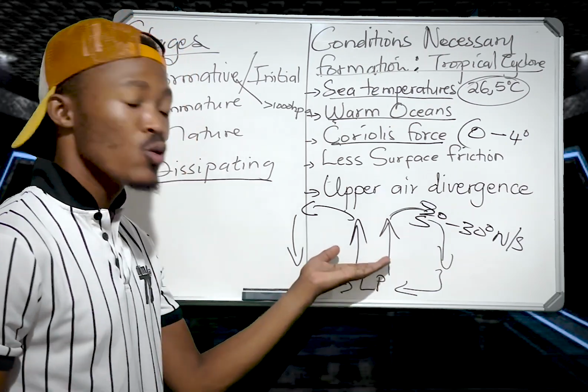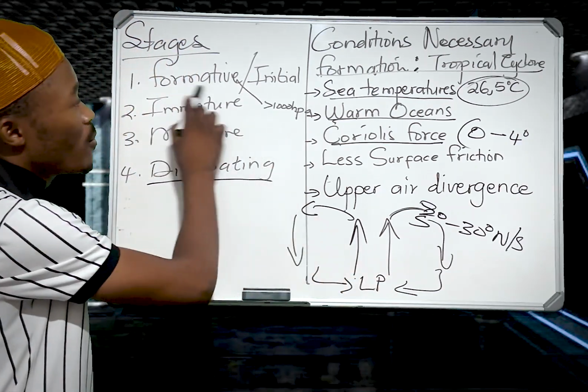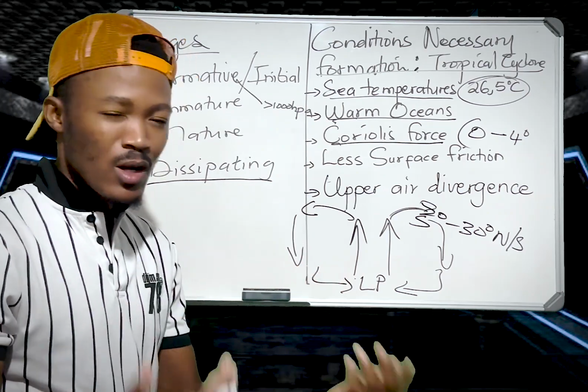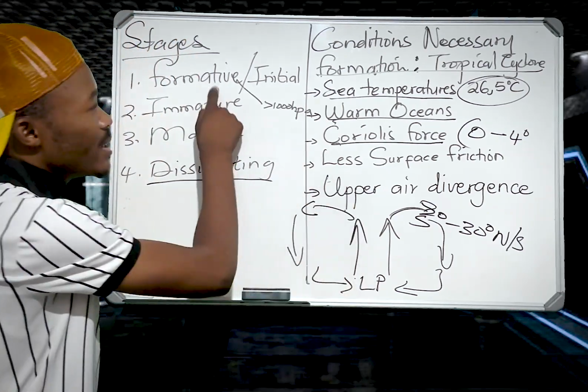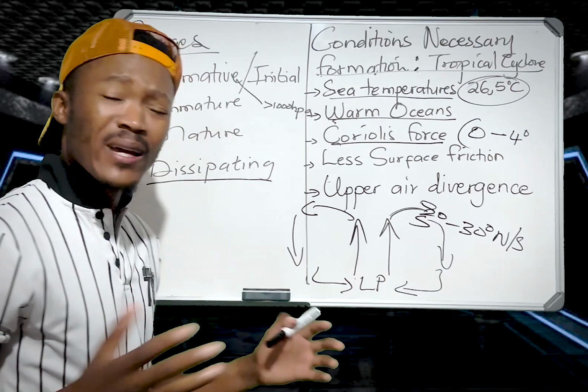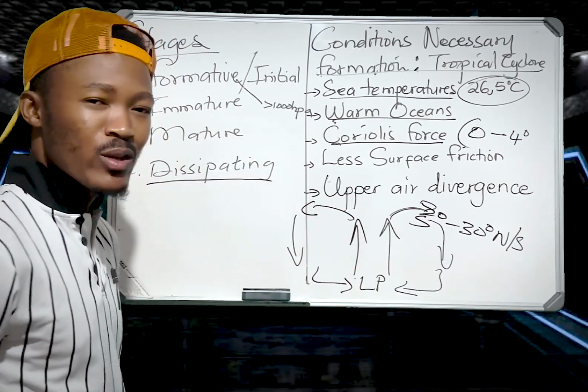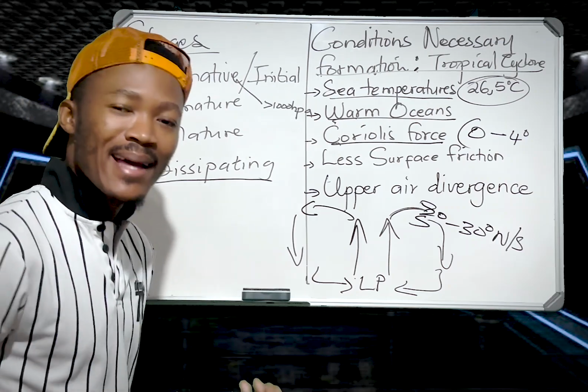As a result, the winds around the system in the formative stage are very weak. They are not strong winds. At this stage, it is not very clear for us to be able to see an area at the center of the tropical cyclone that is known as the eye.